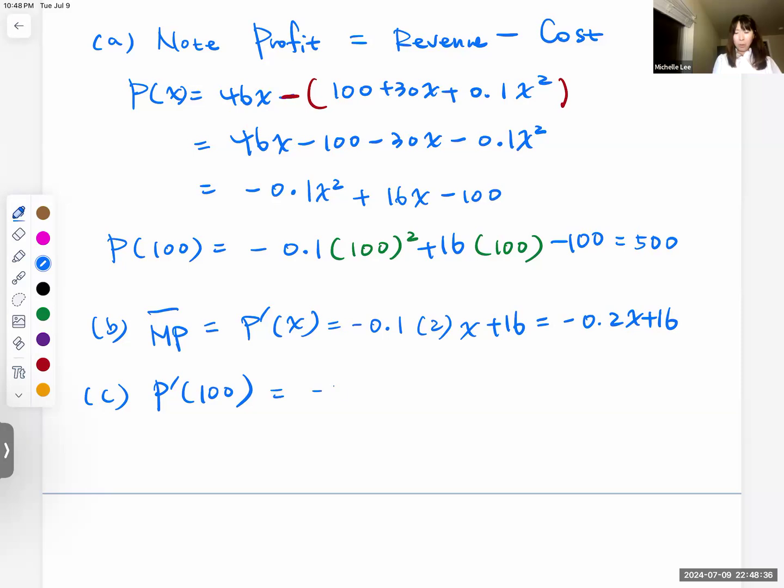Okay, negative 0.1, no, 2, times 100 plus 16. So we get negative 4.